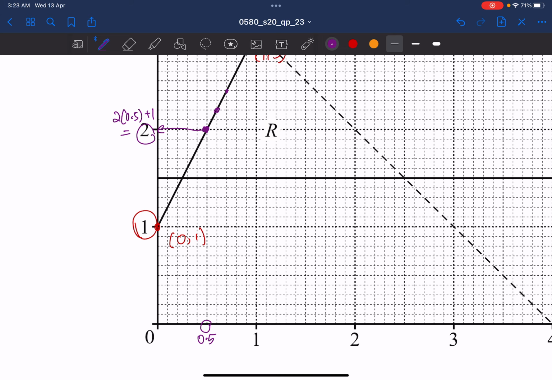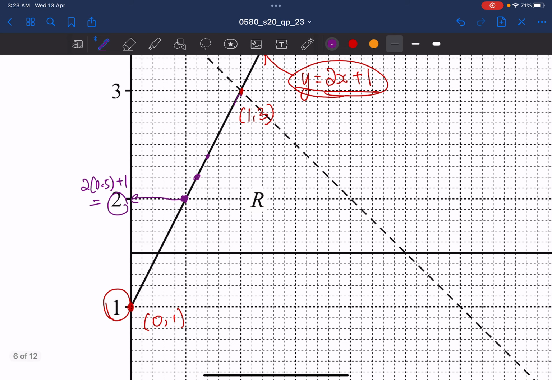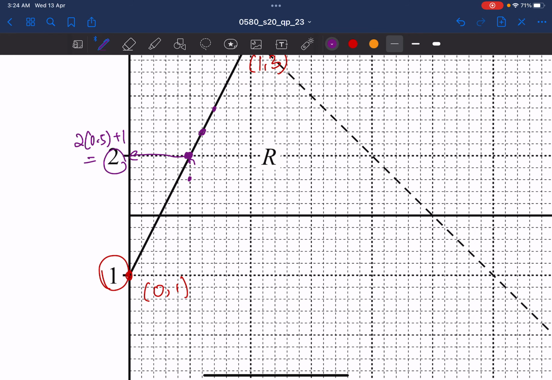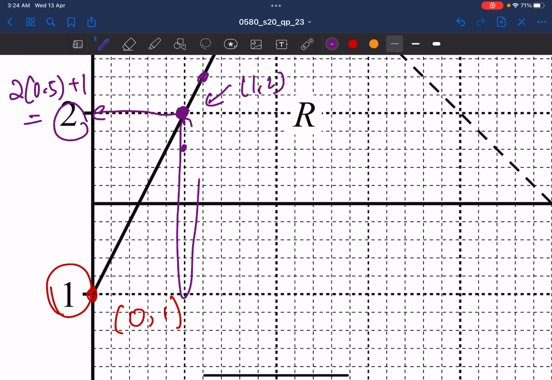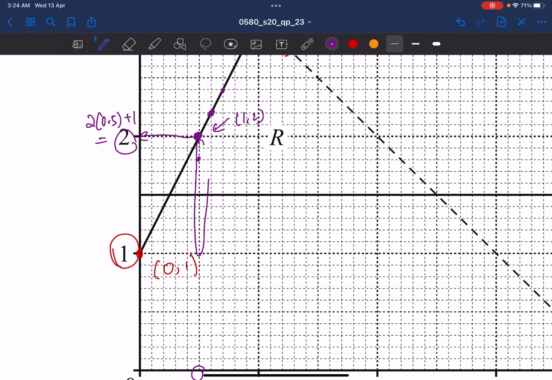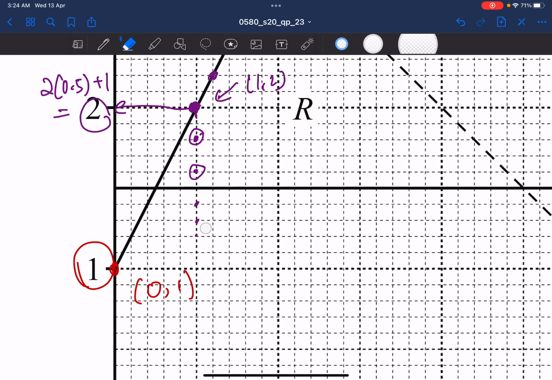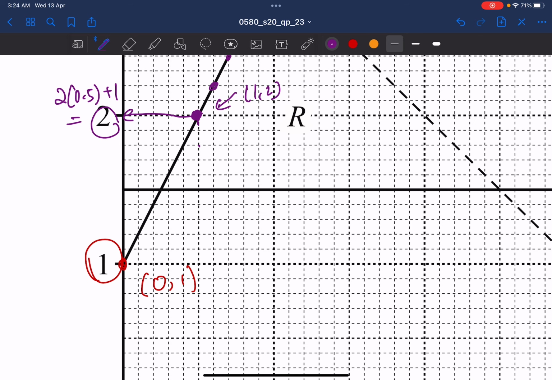For the region below this line, for any point below this point, the x coordinate does not change. For all these points, the x coordinate is the same, but their y value is less than 2.